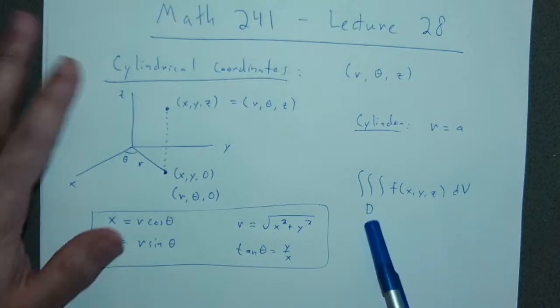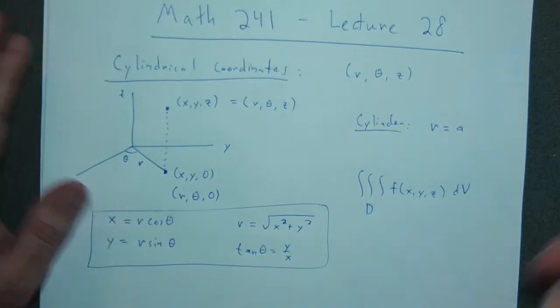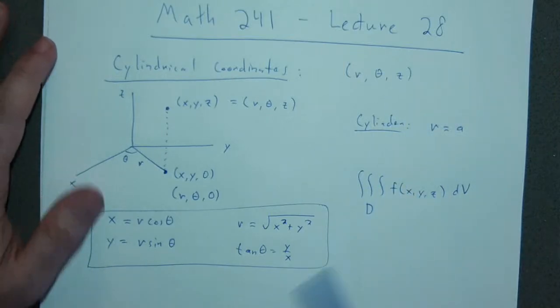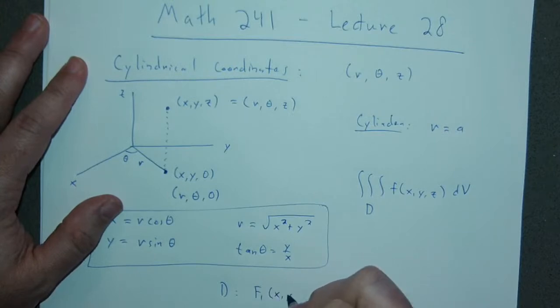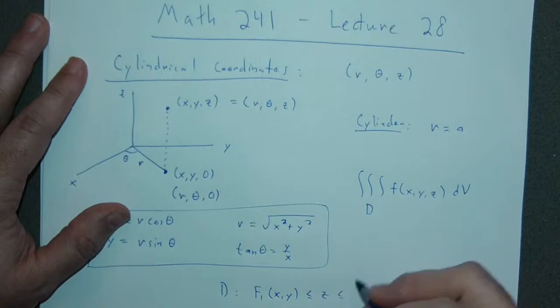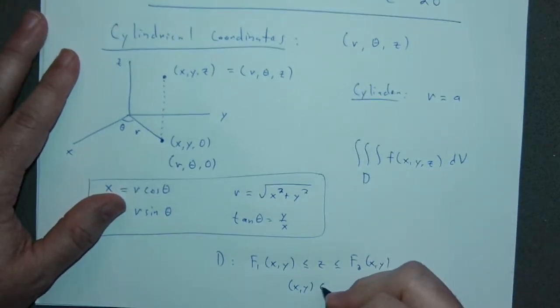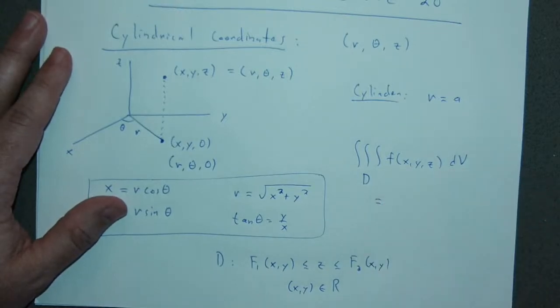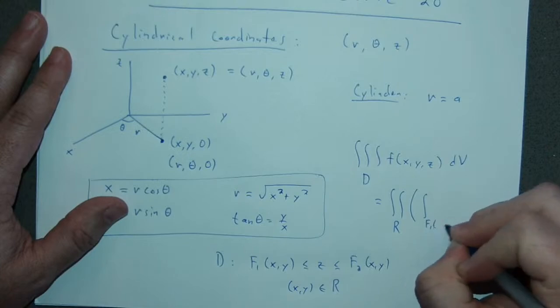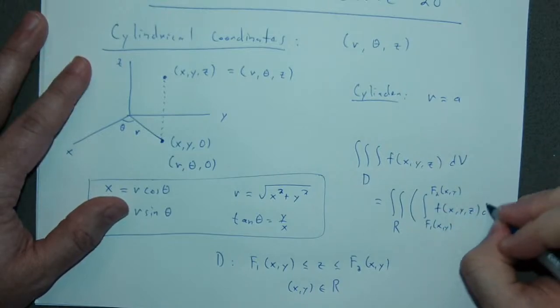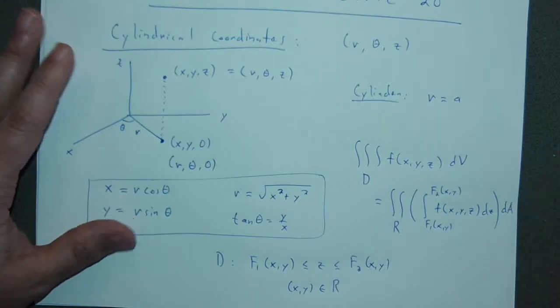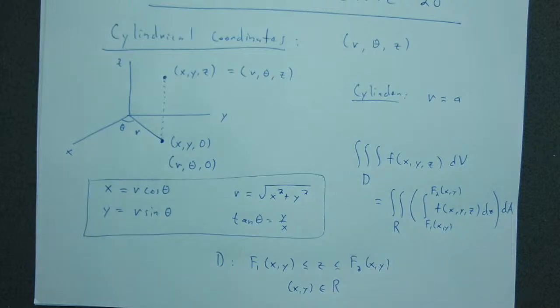First off, suppose this region D can be described as bounded above and below by functions of x and y, in the usual style: a lower function, big F sub 1 of xy, and an upper function, big F sub 2 of xy, for all xy in some region R. Then the triple integral, by my definition, is the double integral over R of the integral from F sub 1 of xy to F sub 2 of xy of f of xyz dz, and then the outer double integral is dA.